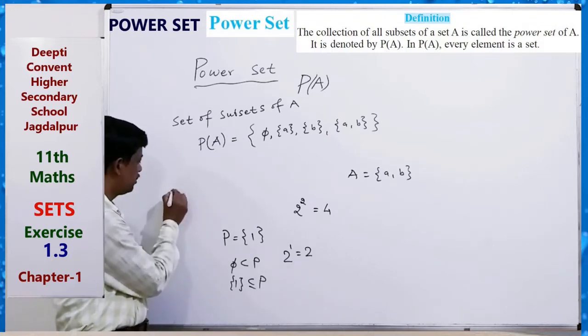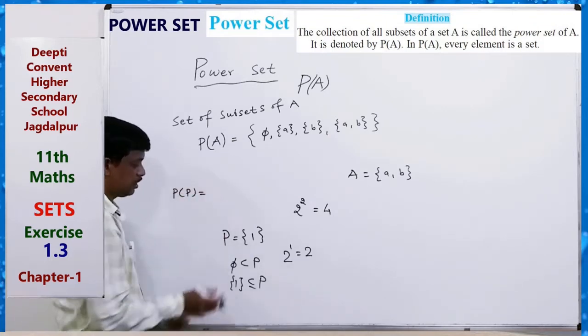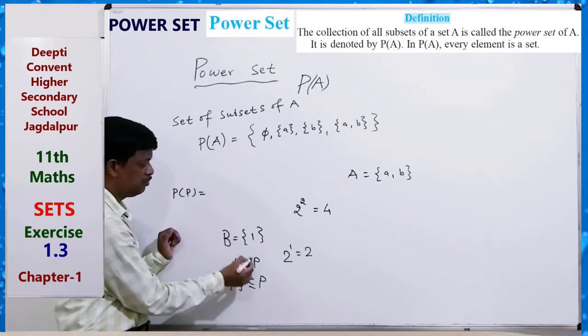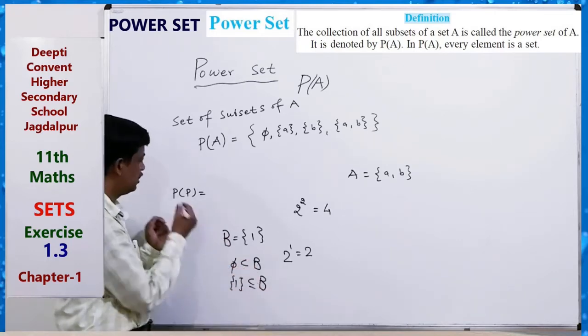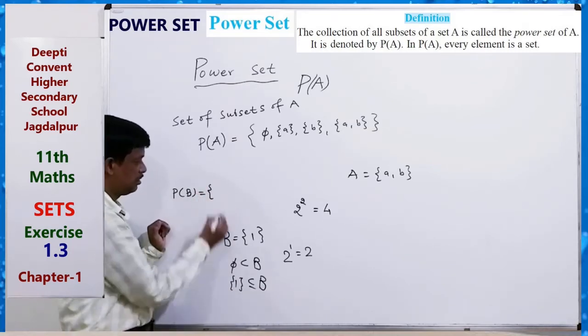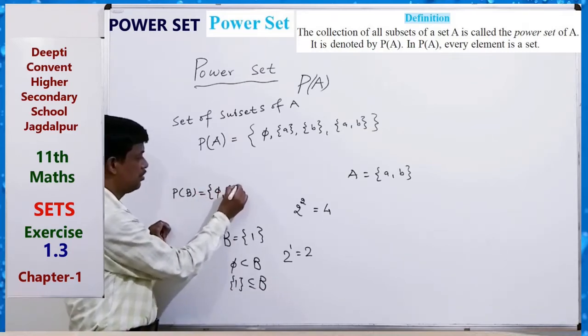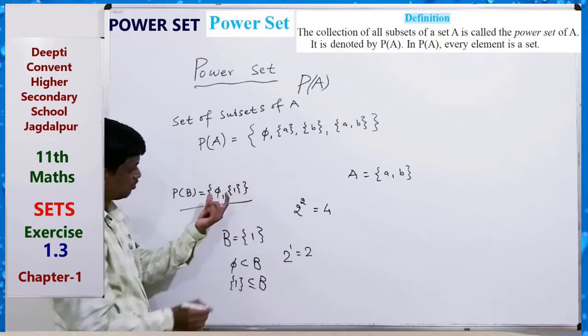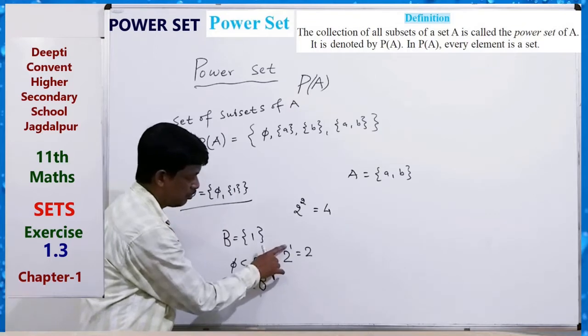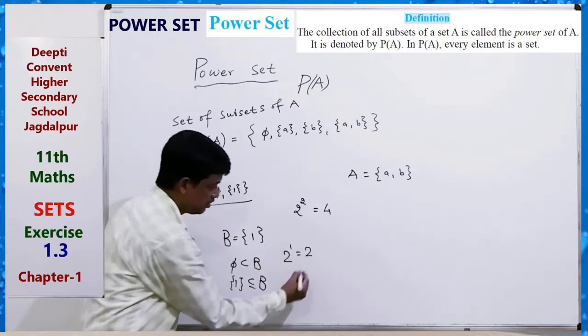The power set of P is what? {∅, {1}}. How many subsets are there? 2 power 1, 2. Okay.